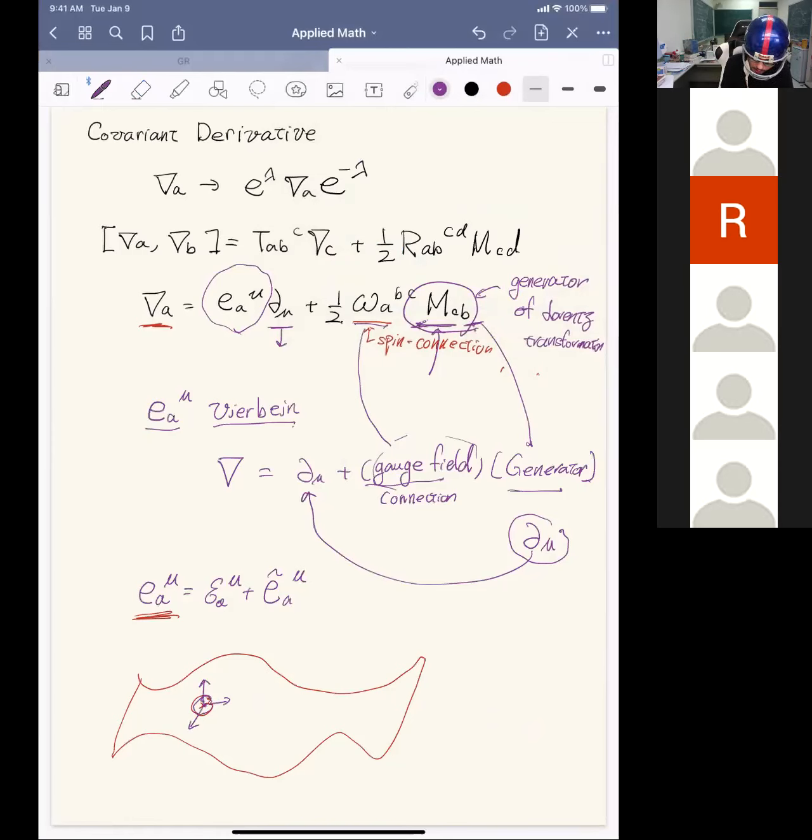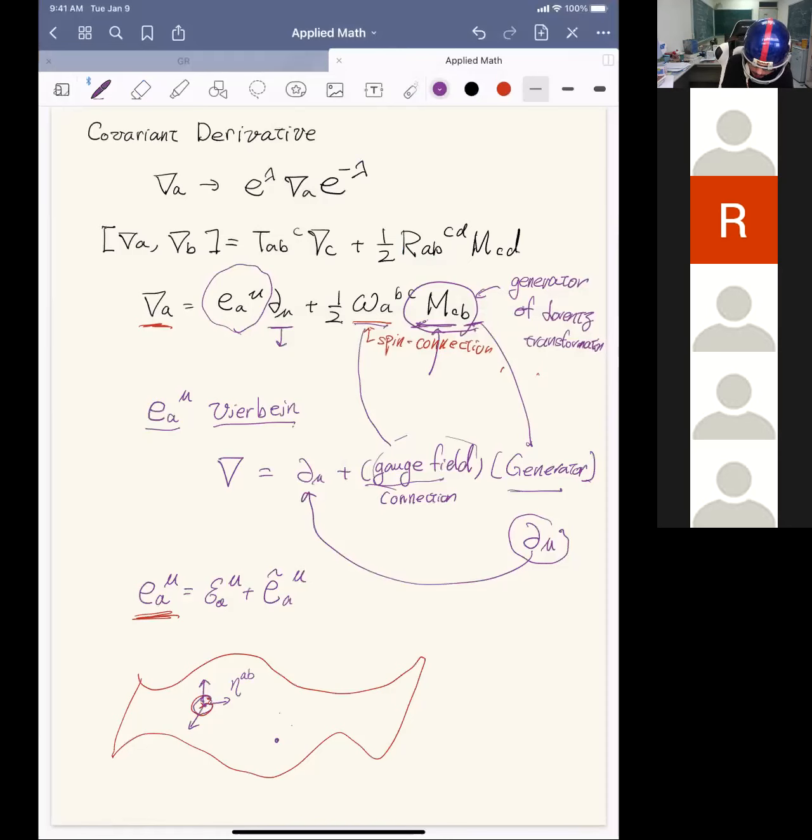In this coordinate system, locally you have something like eta_AB, the flat metric, because it's R^n. The metric for R^n is just eta_AB. So that's what I mean by flat indices. Flat indices are always defined locally.